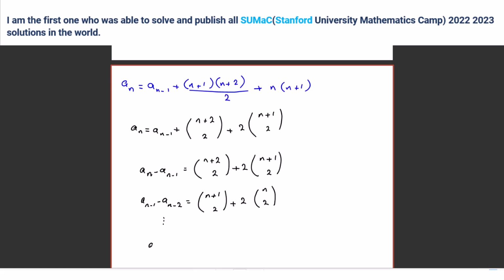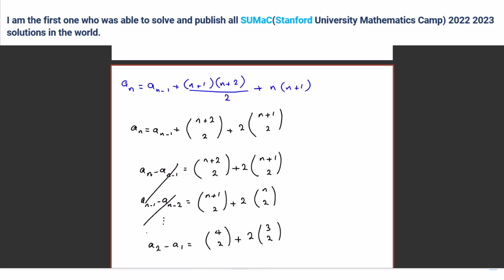All the way to a2 minus a1 is what? 4 choose 2 plus 2 times 3 choose 2.